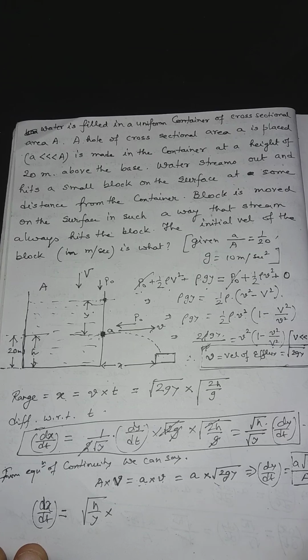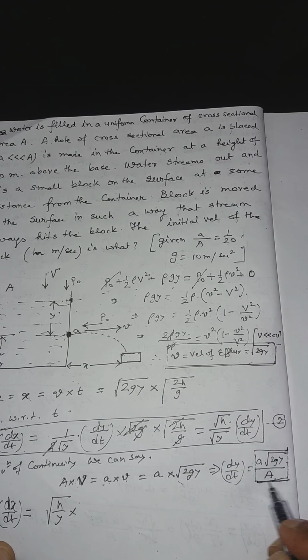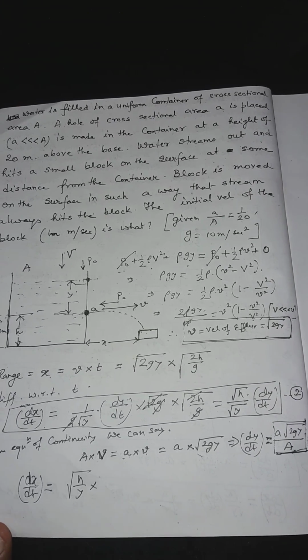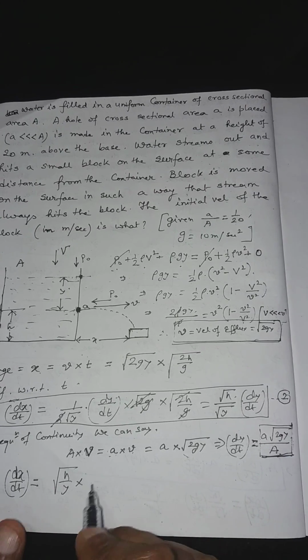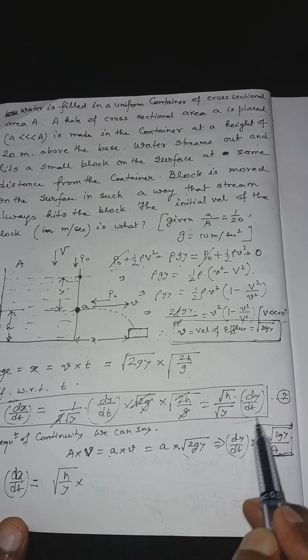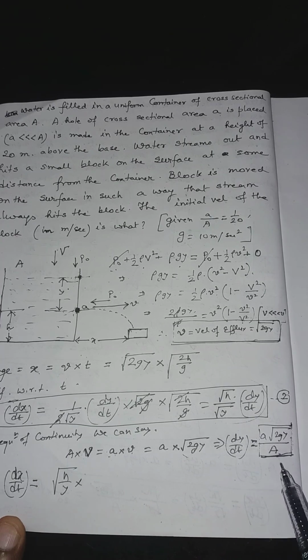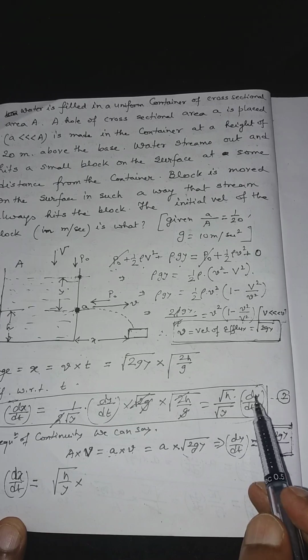Now ultimately what we have to do is place this particular value. Where will we place it? We are going to place it in the equation we have got over here, root over h by y into dy/dt.